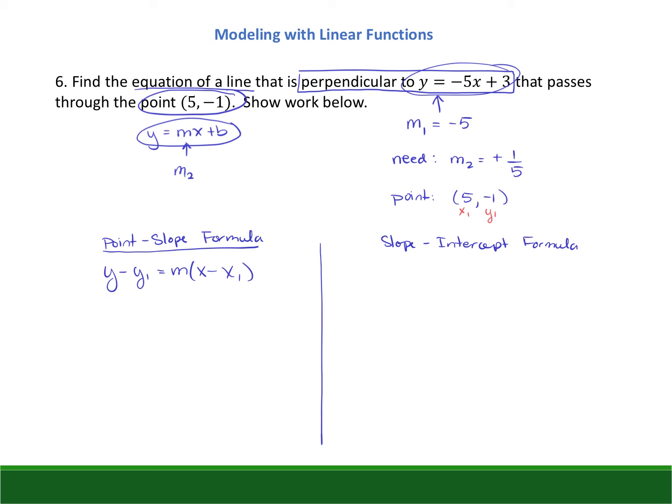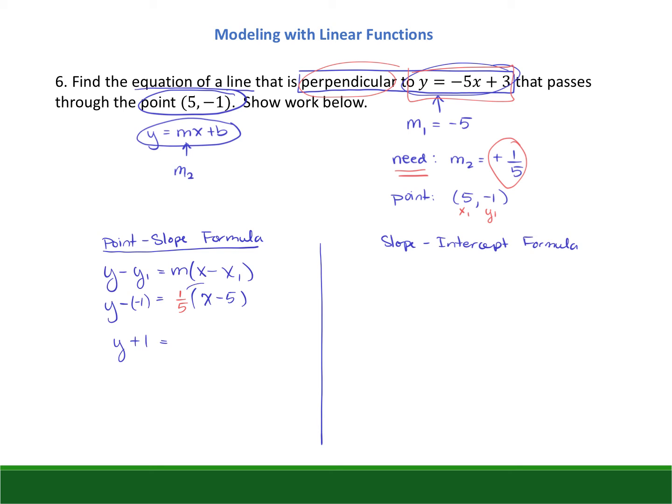And then let's just substitute that and the slope that we need so that our line is perpendicular to the given line. So make sure that you use the correct slope. So here it is going to be 1/5. And then let's substitute in that x value of 5, and then y minus negative 1. So on the left here, that's going to be positive 1.